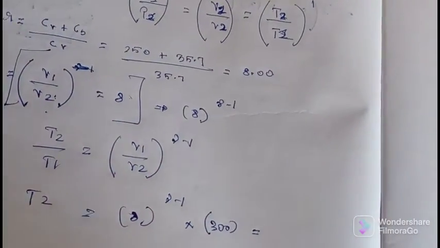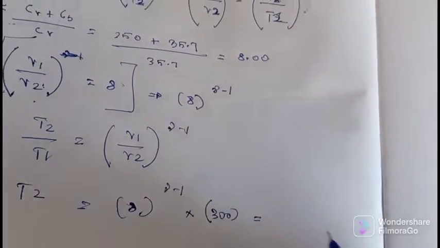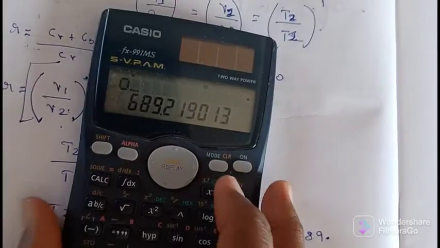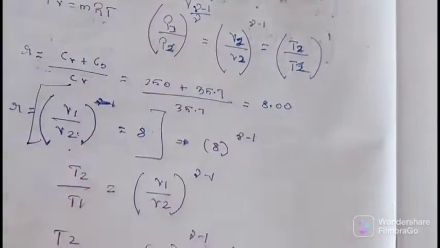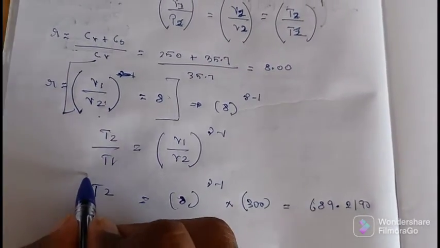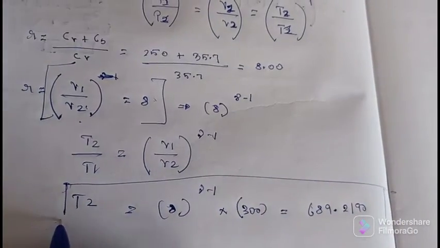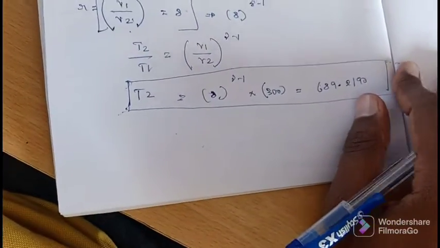We can say it is 689.21. For verification, the value is 689.2190. So we have identified the T2 value first. From these values, T1 and T2, we now have to find P1 and P2.